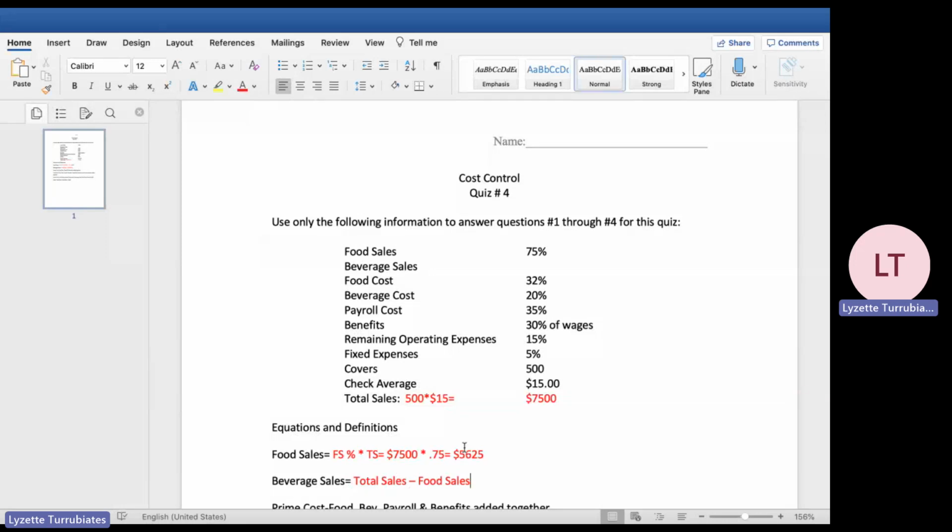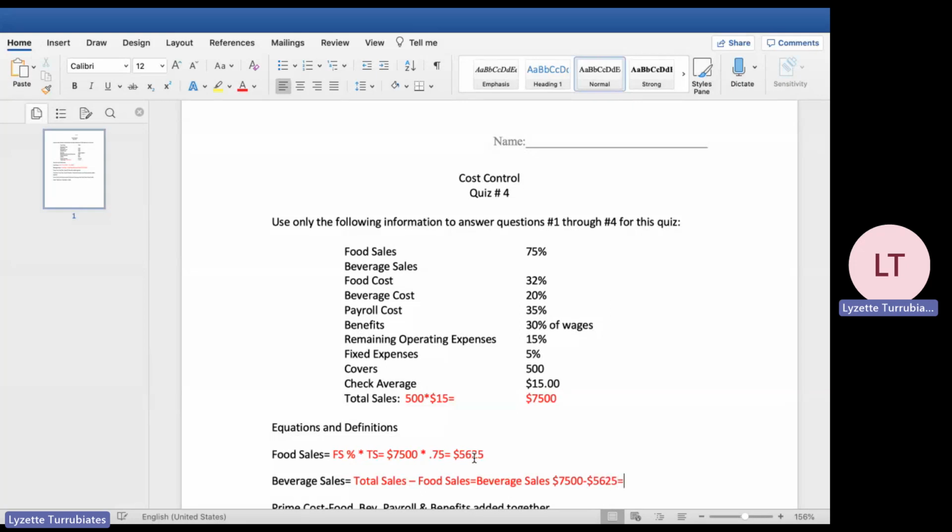Right here it doesn't include catering, so we're only focusing on food and beverage. Part of total sales is food sales and the other part is beverage sales, so if you subtract food sales from total sales, you get your beverage sales. That's a really easy calculation, right? So we take 7,500 minus what our food sales are, which we just figured out.